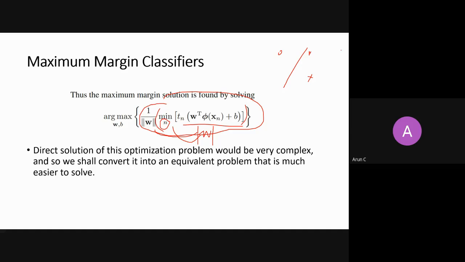For example, if it is normalized, let's say this is a perpendicular distance D1, this is D2, this is D3. Now if it was not normalized, then everything was multiplied by some scaling factor alpha: alpha D1, alpha D3, alpha D2.